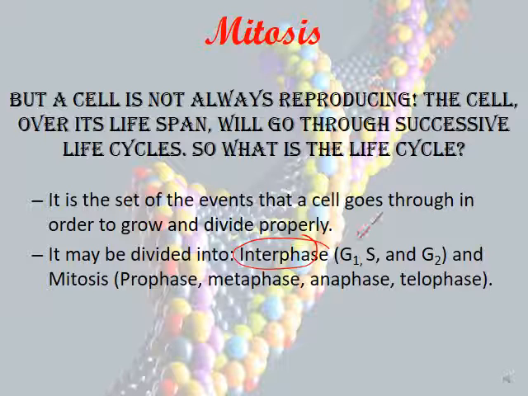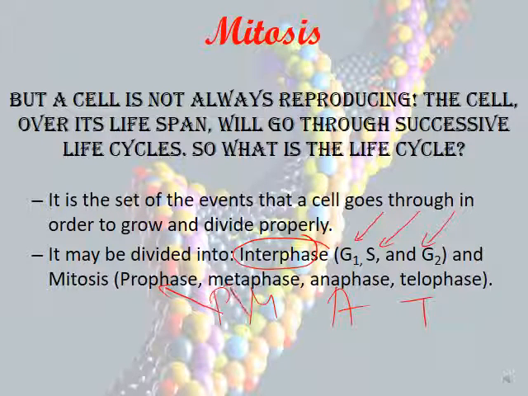We have G1, S, G2. G1 is gap 1, S is the synthesis where DNA duplication takes place, and G2, gap 2, where the cell prepares itself for mitosis. So mitosis is composed of PMAT: prophase, metaphase, anaphase, and telophase.